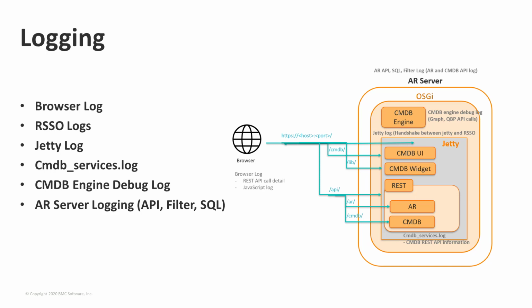What API was received at the CMDB service level, and what response went back. So these logs will be very important to review when you see that communication is not happening between your browser and the CMDB server.